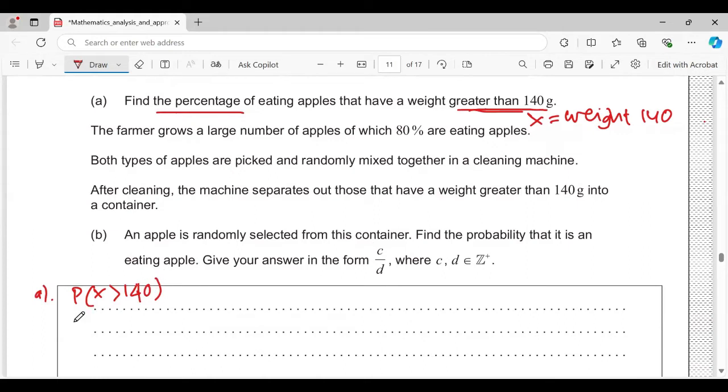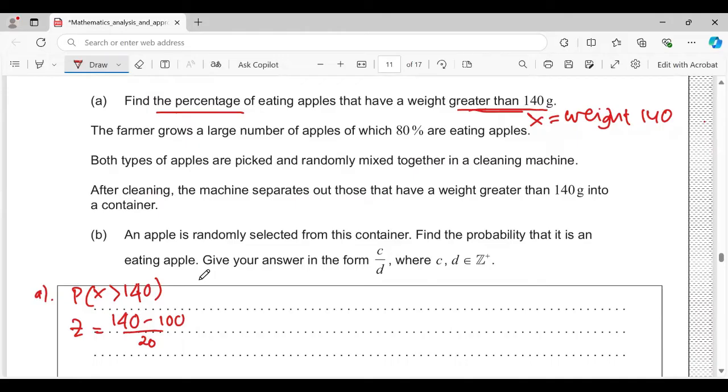I will find the z first: 140 minus 100 over 20.